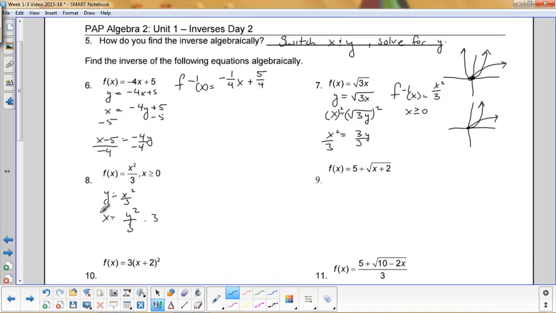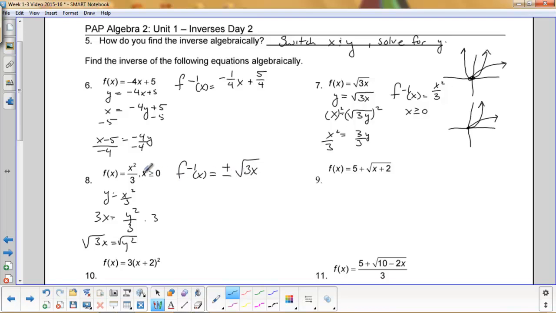Multiplying both sides by 3, and then taking the square root of both sides gives me... okay, when you square root both sides of an equation, you will always get two solutions, the positive and the negative. So we want to take a look at both of these for a moment and look at what's going on.